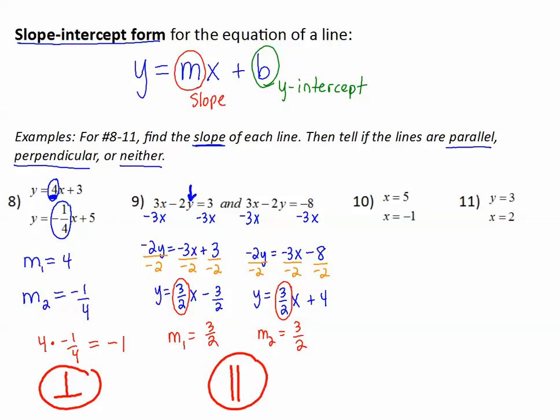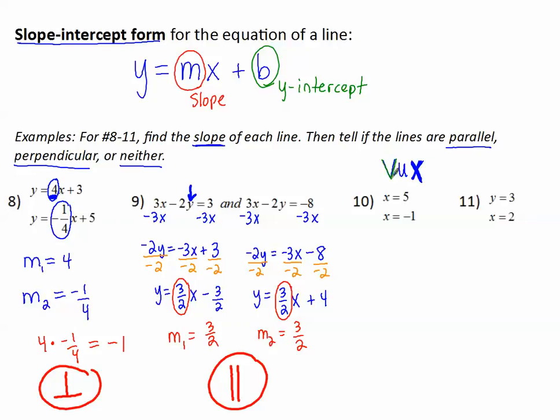Let's look at another one. This doesn't say y equals mx plus b style, and it doesn't even have a y in it. It's x equals a number, and x equals a number. Remember earlier we talked about when it's x equals, that's our VUX situation. And what does the V in the VUX mean?